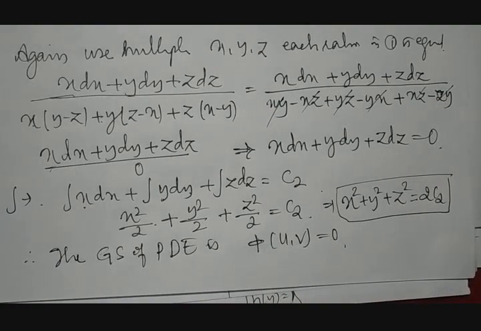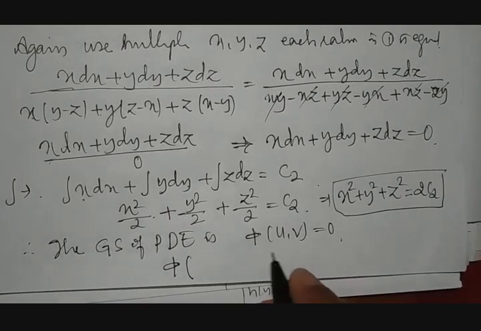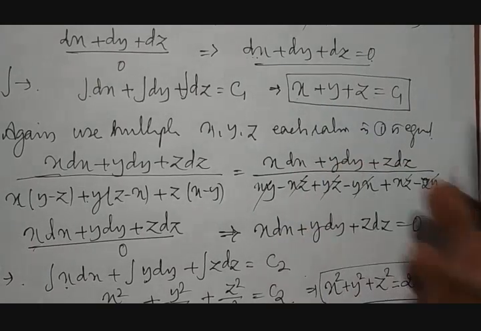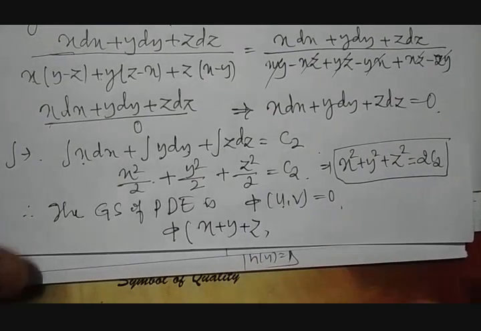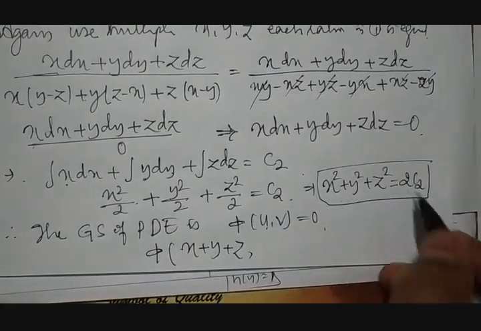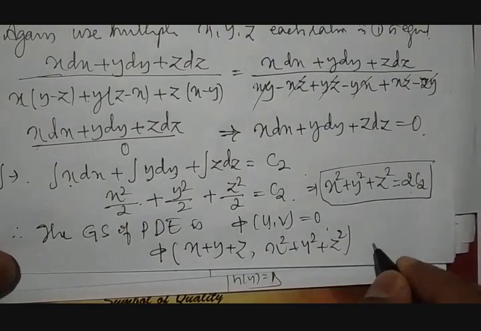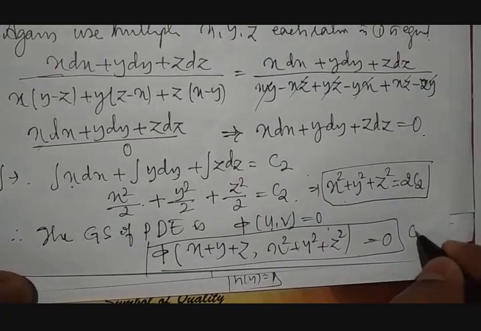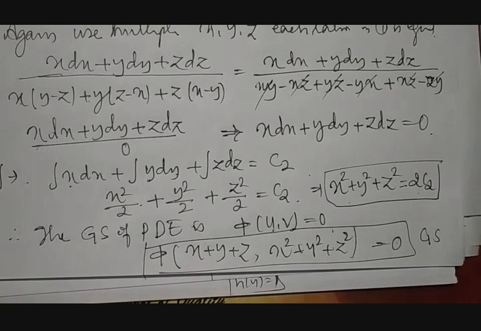Pi of u means the first solution, x plus y plus z, comma v is the second solution, that is x square plus y square plus z square, equal to 0. So this is the required general solution for the given partial differential equation, which is a Lagrange's linear equation. Thank you.